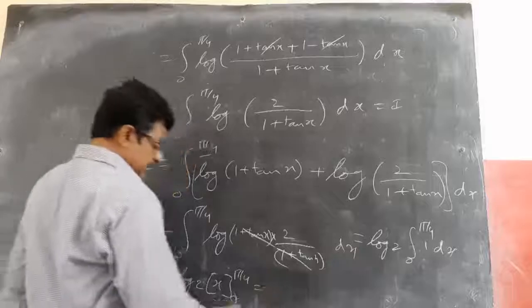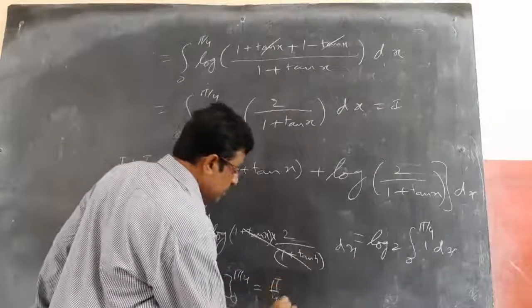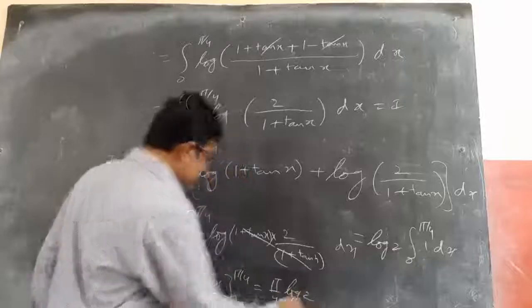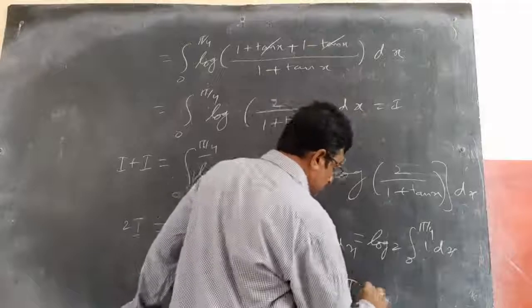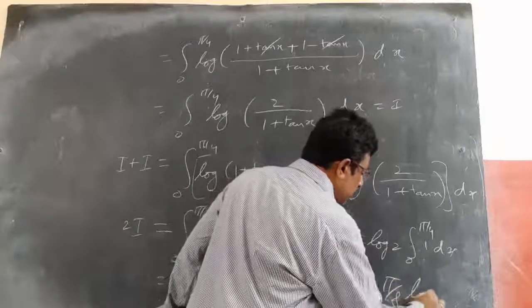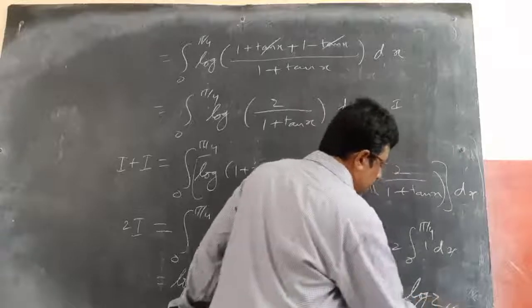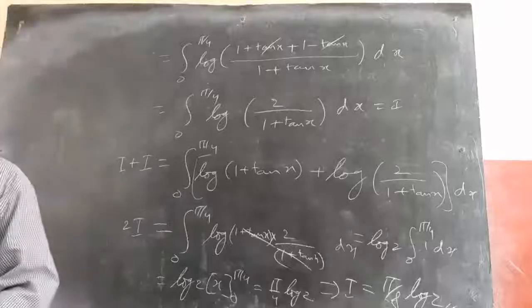So this is upper limit pi by 4 minus 0. So pi by 4 log 2. This is 2I equal to pi by 4 log 2. If I want I, 2 comes inside, divided by 2 becomes pi by 8 log 2. So I is equal to pi by 8 log 2 is the final result.